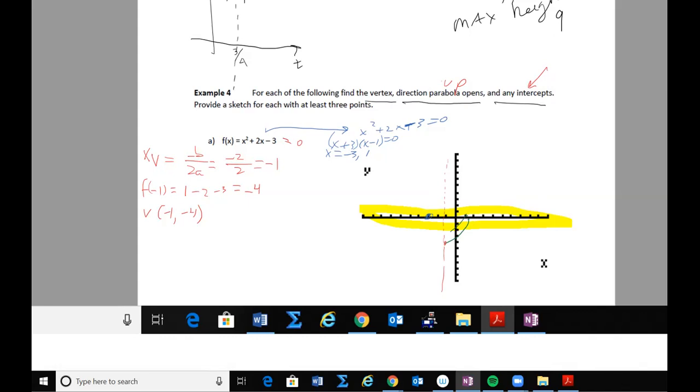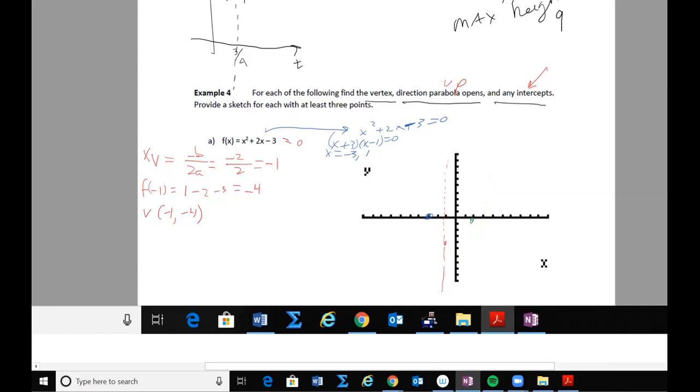If I could just draw it. I don't know why it's so hard to draw with this thing. Let's see. Get rid of that. Let's try it again. So I know it's going to cross there. Okay, pretty good. Okay, that's not all that great.